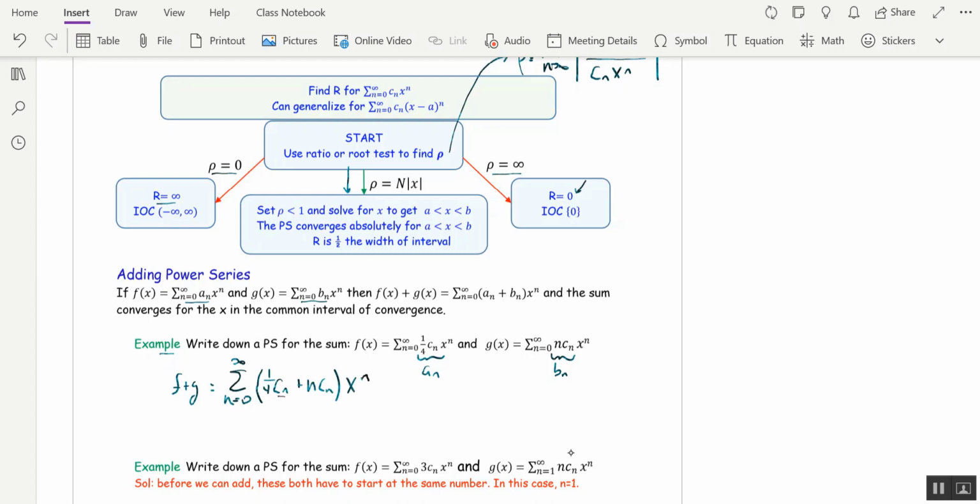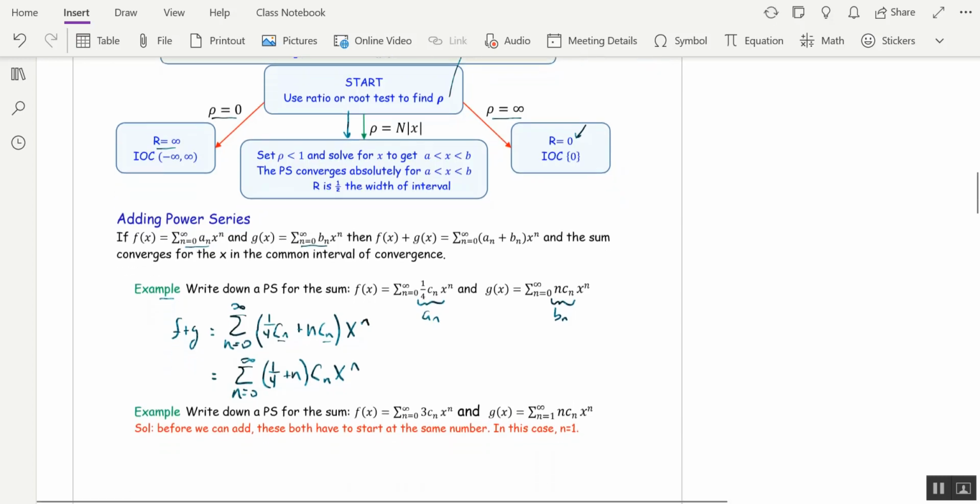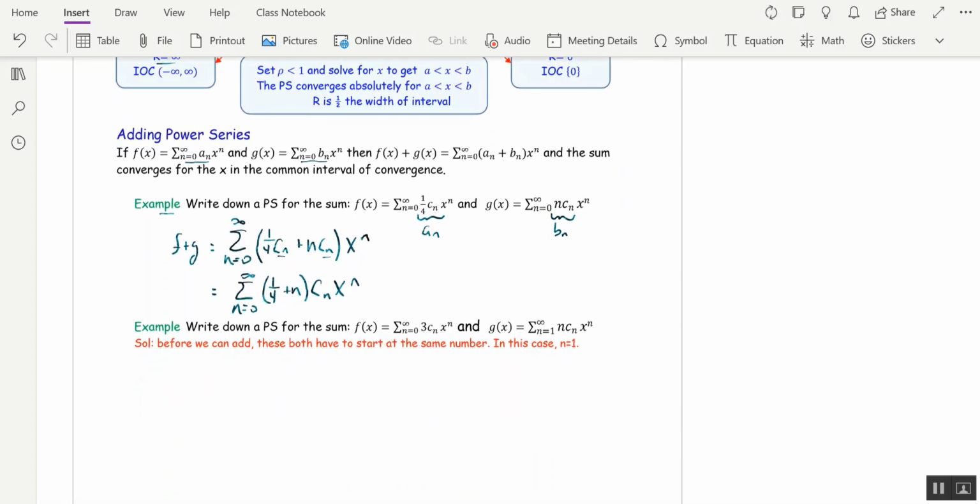And since there's a cn here and a cn here, let's combine those. This is the sum, n equals 0 to infinity of (1/4 plus n) cn x to the n. All right? Typically, they're not quite that easy. Let's look at this next one.